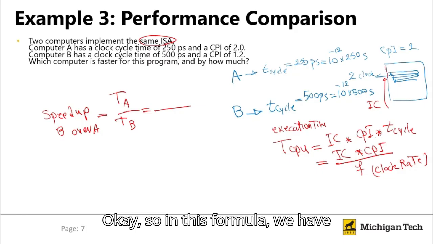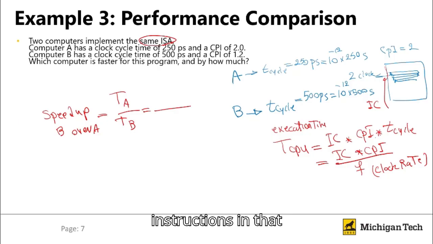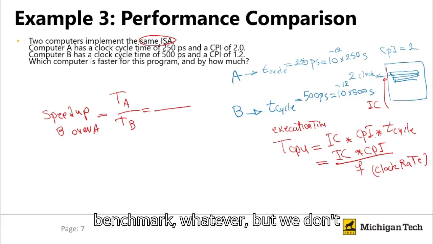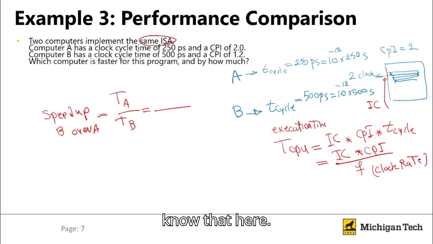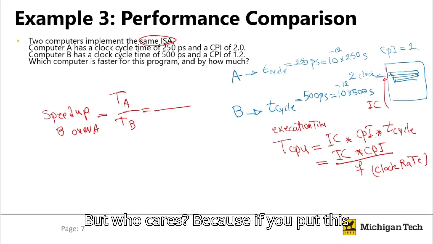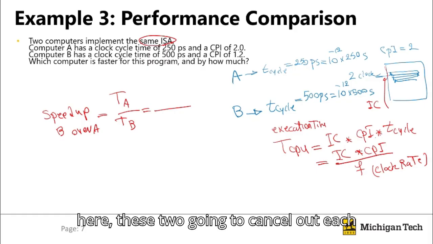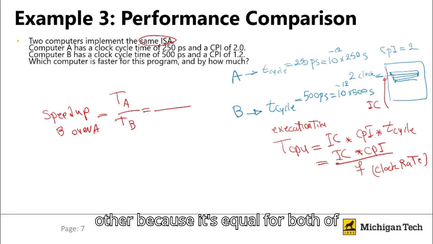Okay, in this formula we have instruction count, or number of instructions in that code, sample, or benchmark, whatever, but we don't know that here. But who cares? Because if we put this here, these two are going to cancel each other out since it's equal for both of them.